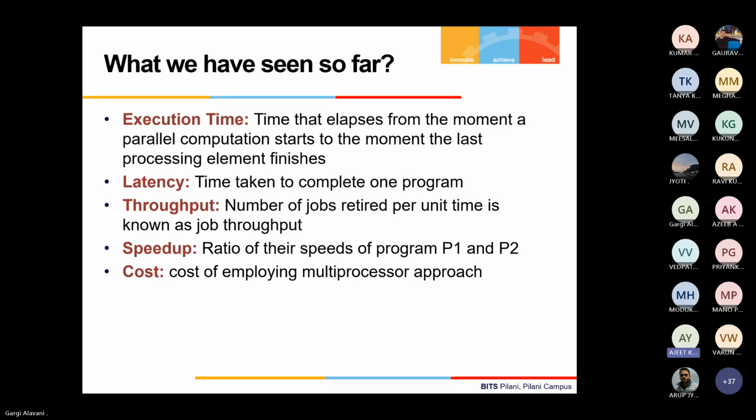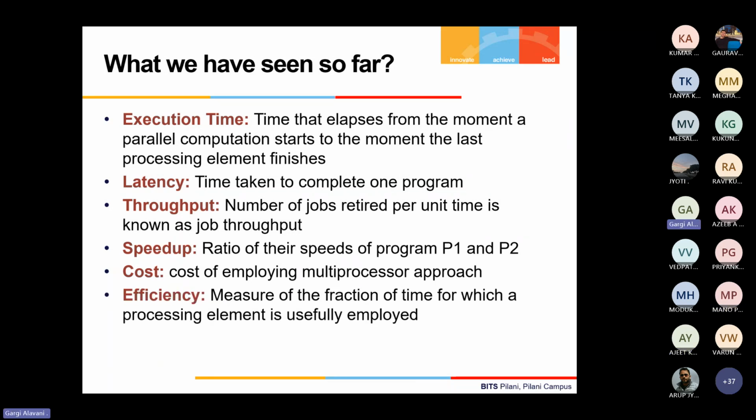Hence, the cost became greater for parallel execution compared to serial, and hence that solution was not cost optimal. And the efficiency is the fraction of time for which the processing element is usefully employed. How do we calculate it? It is speed up by P, the number of processors involved.